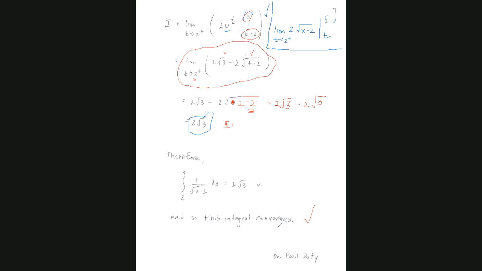Let's see. Notnell's question is, if the integral converged, is it still improper? It's an improper integral because there are 2 kinds of improper integrals, type 1 and type 2. This was a type 2 improper integral because the integrand function, the 1 over the square root of x minus 2, has an asymptote at x equals 2. And that means area could be potentially infinite.